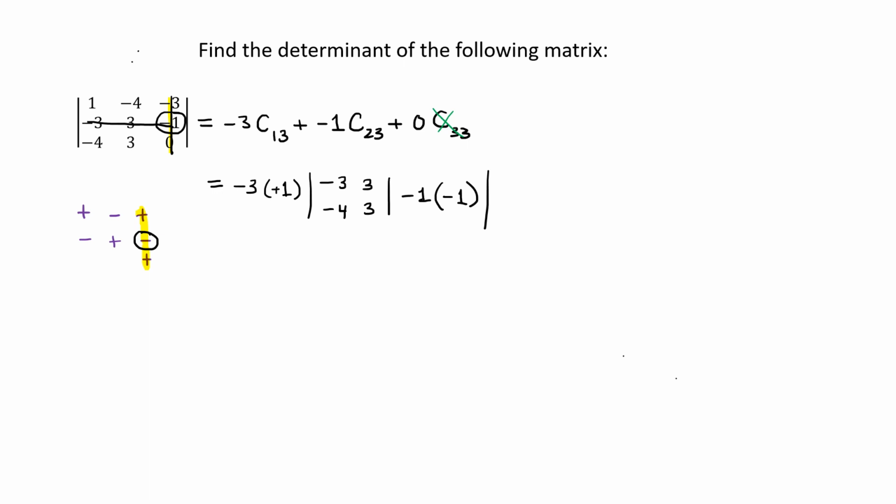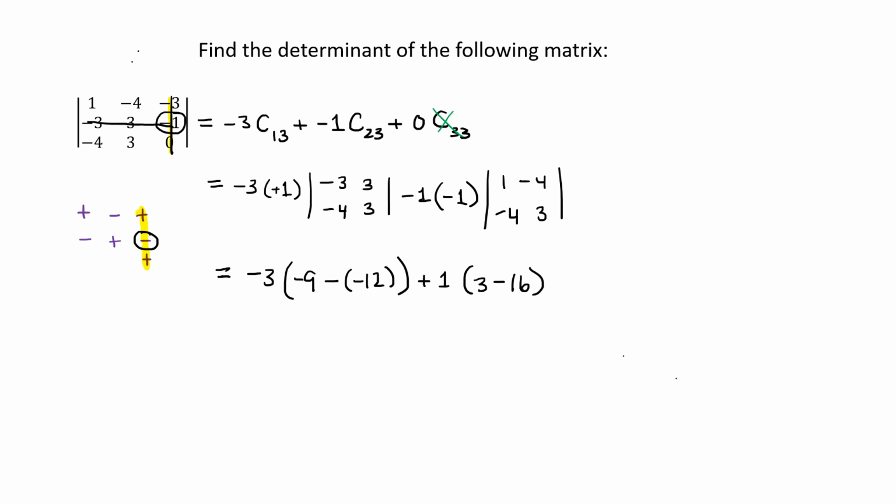And so this is the matrix 1, -4, -4, 3. All right, a little bit of arithmetic now. We've got -3 times -9 minus -12 plus 1 times 3 minus 16.